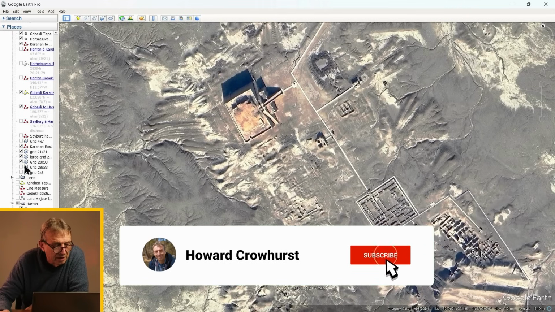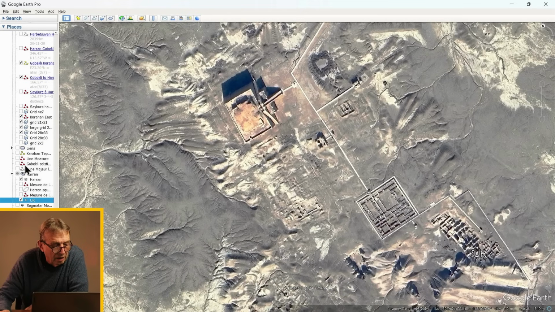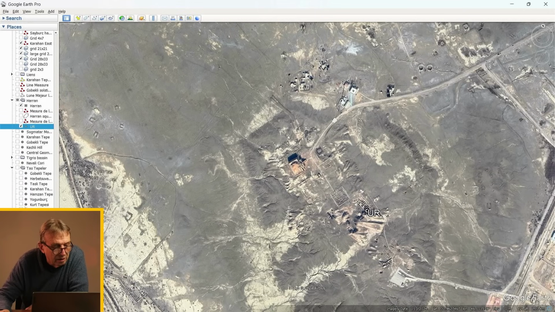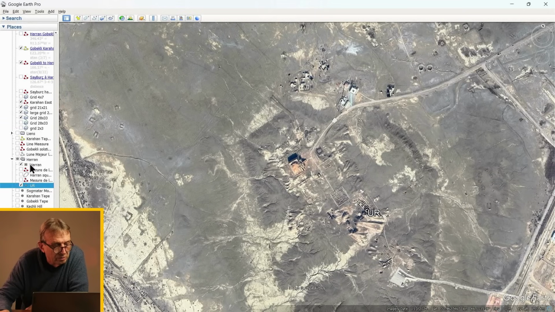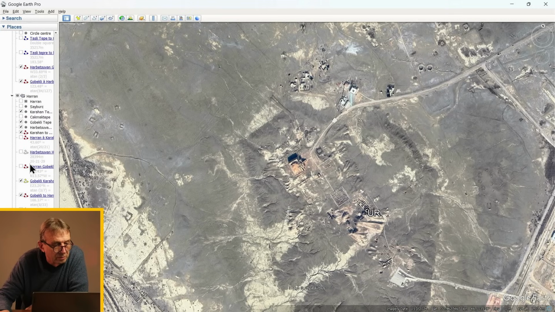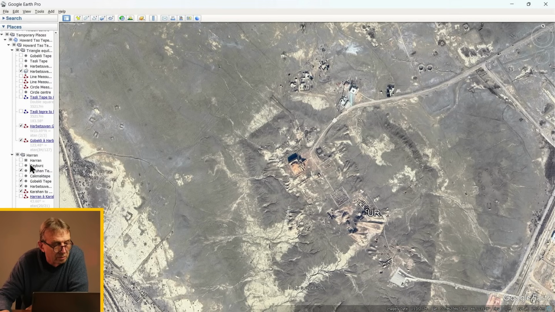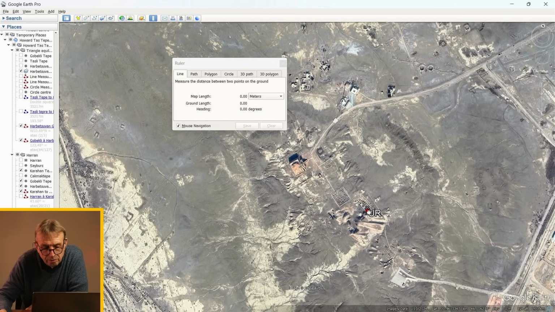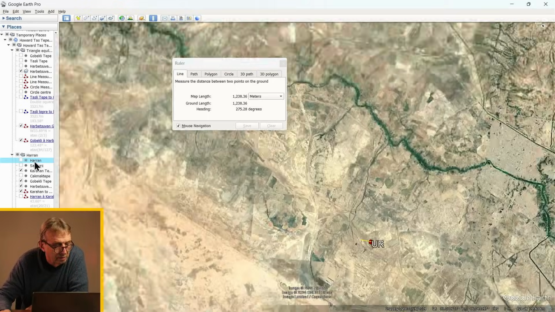And what we can see is that if we go from Ur up to Harran, I don't know if I have that line already drawn. Maybe not. But we can do it. Why not? We can draw a line here from Ur up to Harran.